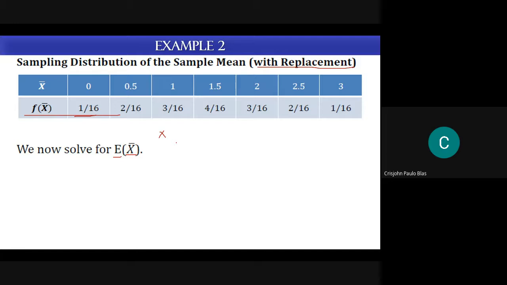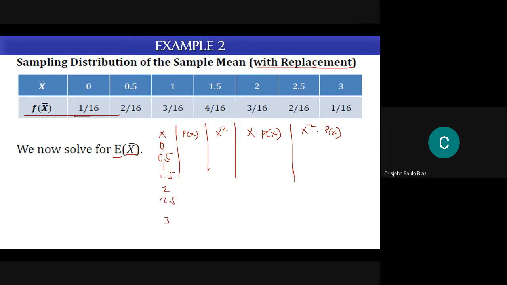We have the X, the P of X, the X squared, the X times P of X, the X squared times P of X. Try natin. We have 0 for our X, 0.5, 1, 1.5, 2, 2.5, and 3.